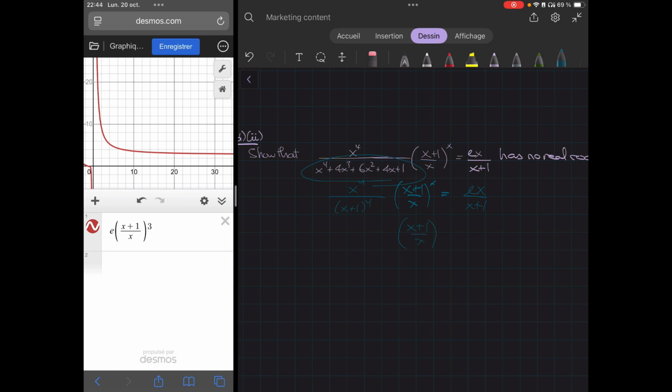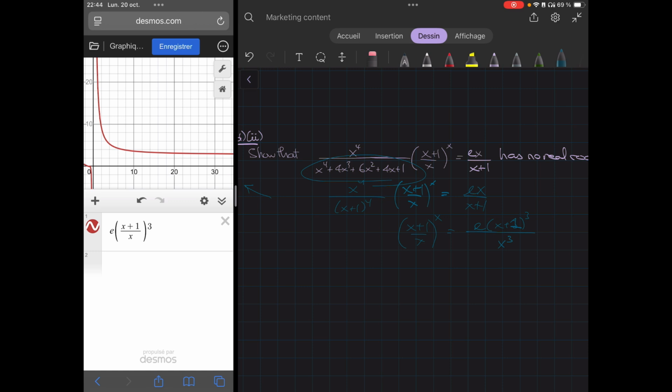So you would end up with this equation over here. On the left side, I've graphed the function on the right hand side.